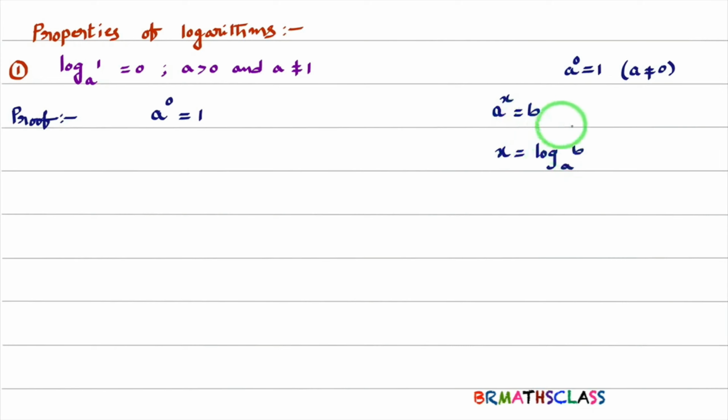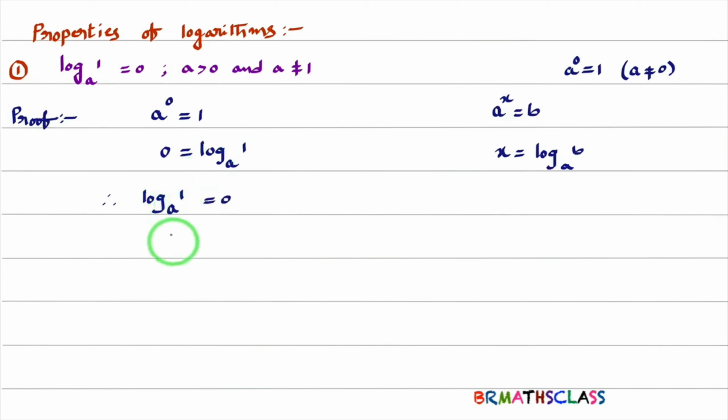So here, writing it in logarithm form, 0 is called the logarithm of 1 to the base a. Simply we write 0 equal to log 1 base a. Therefore, we proved that log 1 base a is 0.